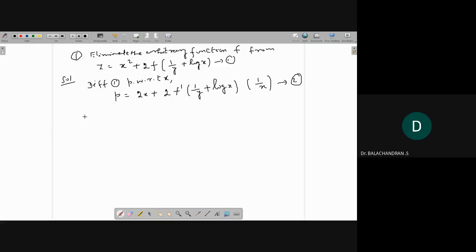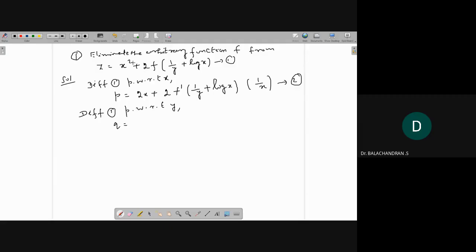Similarly, differentiate equation 1 partially with respect to y. We will get dou z by dou y, which is q.